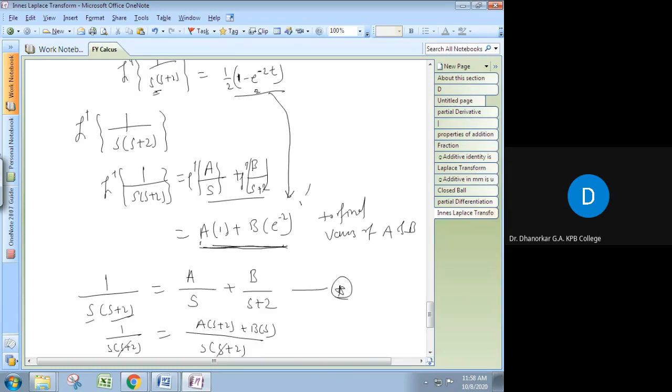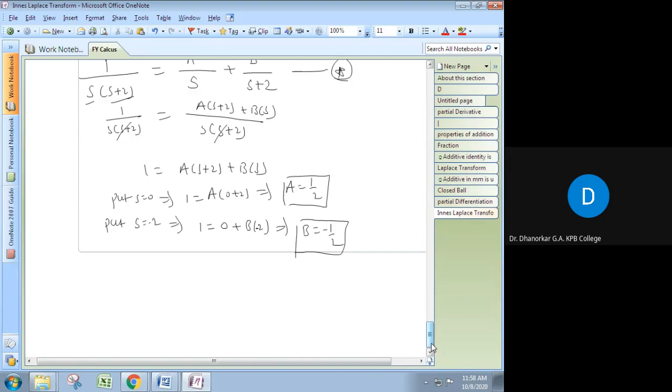Yes, we are getting the sense. In this way also we can find our answer. This is a very popular way to find the inverse Laplace transform. A number of times we can find the inverse Laplace transform by this method, and this method is called the partial fraction method.